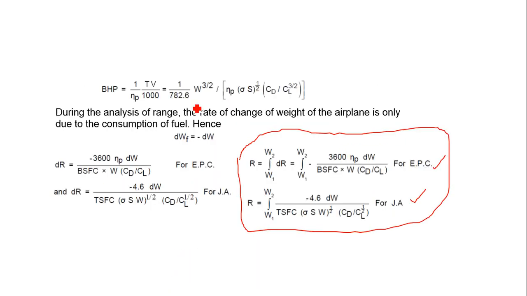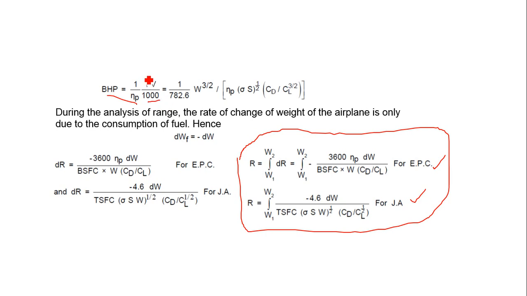And by substituting it, we get the equations. For BHP also there is a formula, which we have learned in power, for finding the power. BHP equal to 1 by eta P into T into V divided by 1000.